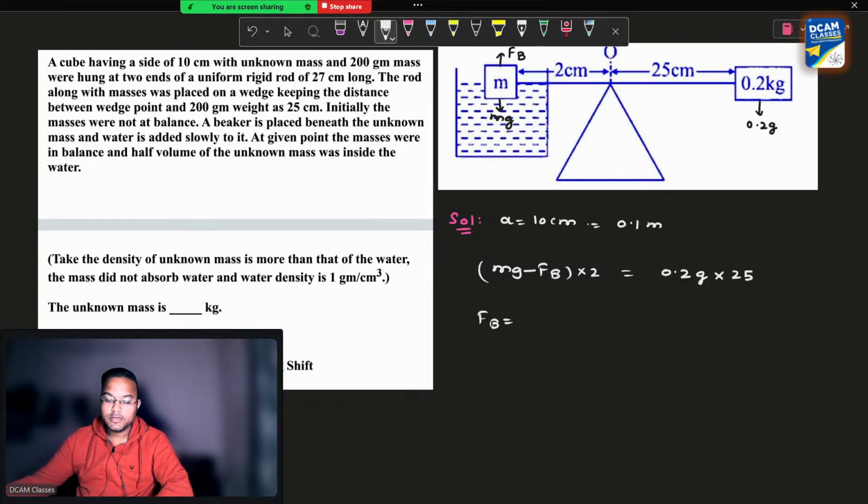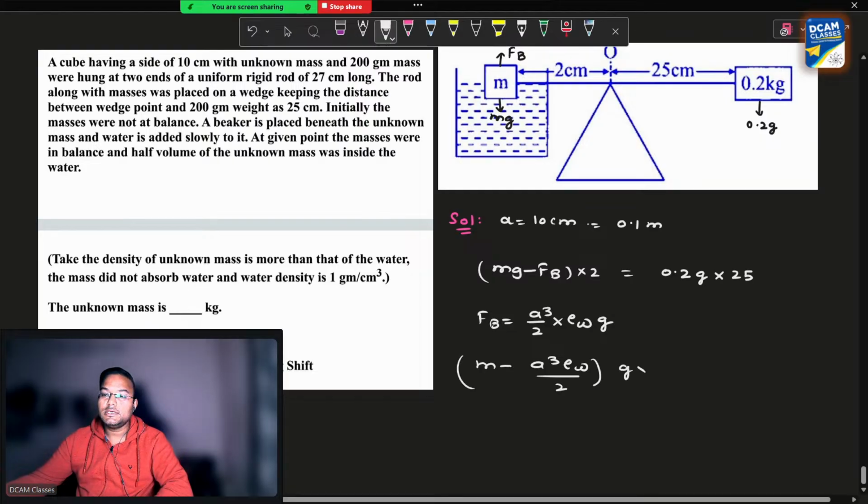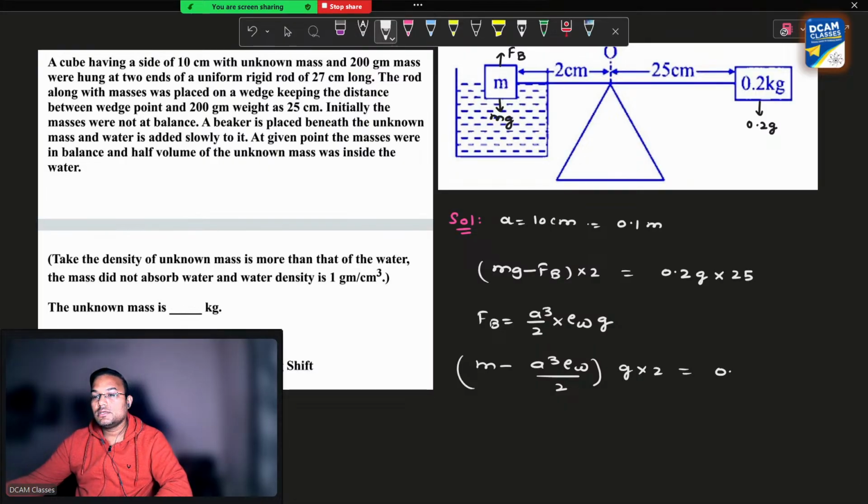You will have to convert. Half of the volume is inside, so it will be A cube by 2 into rho water into g. M minus A cube rho water by 2 into g, into 2 is equal to 0.2 into... if I convert it into grams, actually I think I have to convert it, because things are changing here.